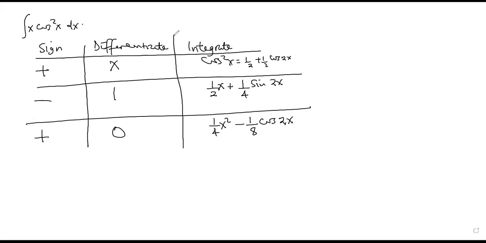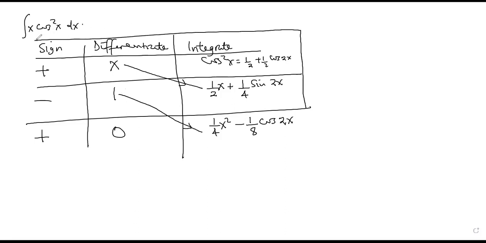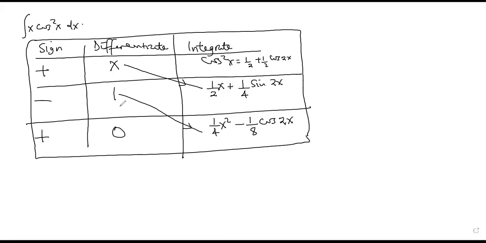Then from here, you match. You match this one with this. You match this one with this. With your table completely crossed. So looking at this, we are going to have our integral of x cos squared x dx equal to, you match this with its positive sign.